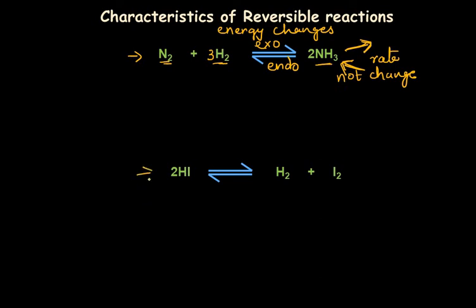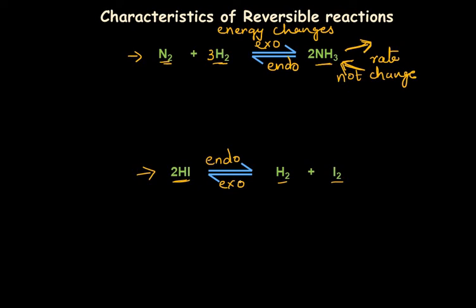Now if I take another example of hydrogen iodide decomposing to hydrogen and iodine, here the forward reaction is endothermic. So you can say that we need to heat hydrogen iodide to decompose it. But at the same time, once the equilibrium has been reached and hydrogen and iodine are changing back to hydrogen iodide, then that should be an exothermic reaction.